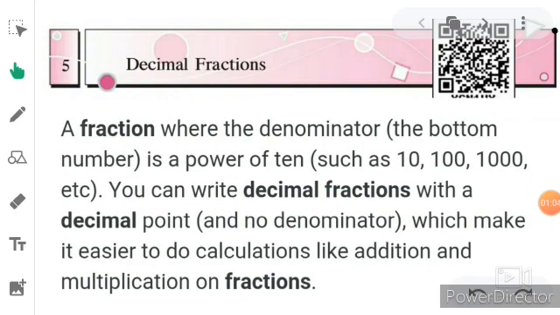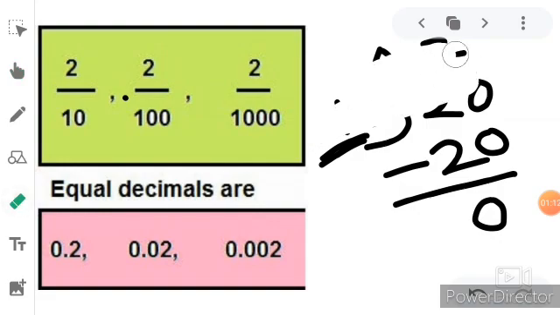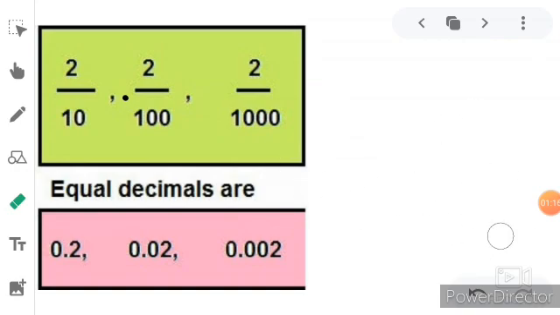So today we are going to learn about decimal fractions. We will show decimal fractions with the help of a point. We will put the point between the numbers to denote the decimal fractions.